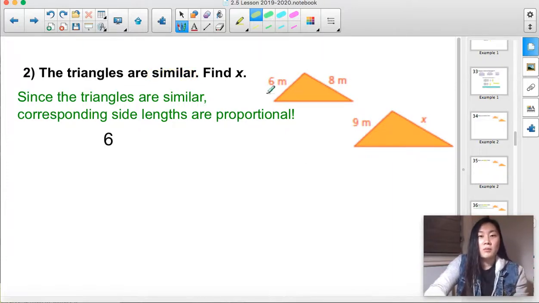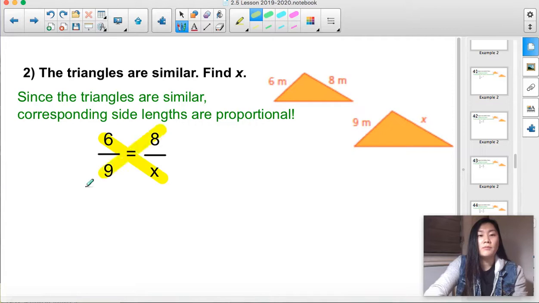So let's compare the side lengths. 6 from the smaller triangle over the corresponding side length, 9, is equal to 8 from the smaller triangle over, we don't know, so we're going to call it x. Now we've done this before in the previous lesson. We're going to cross multiply.